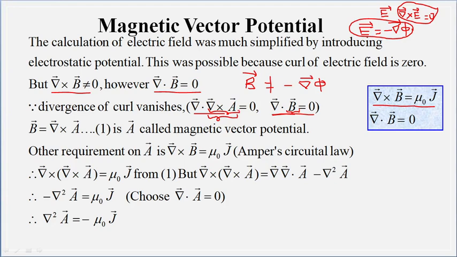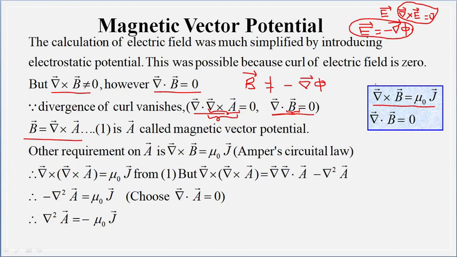So now we are able to write B as curl of some vector A. That is because the divergence of the vector B is 0, and divergence of curl is 0. This is a property of the divergence. So we can write B equal to the curl of A.